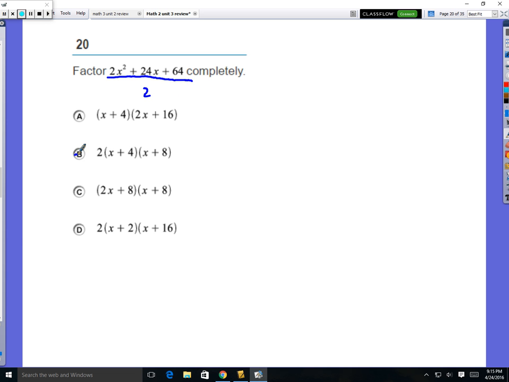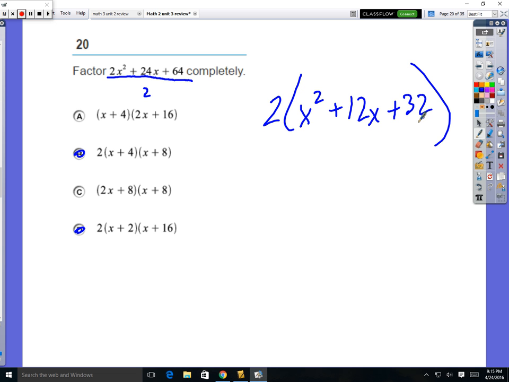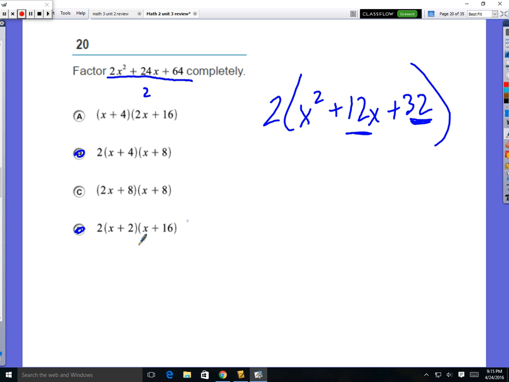So it might look like B or D. If you factor a 2 out, it's going to be 2 times x squared plus 12x plus 32. And now it's not bad. What times to give 32, adds to give 12? We're going to go 8 and 4. So we're going to go B.